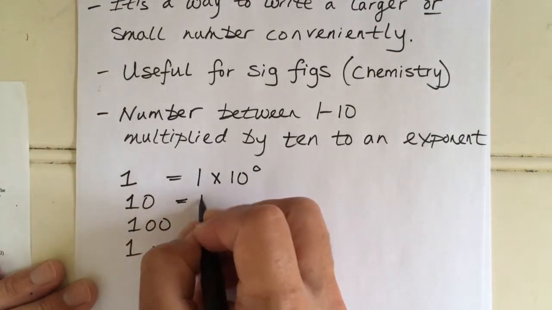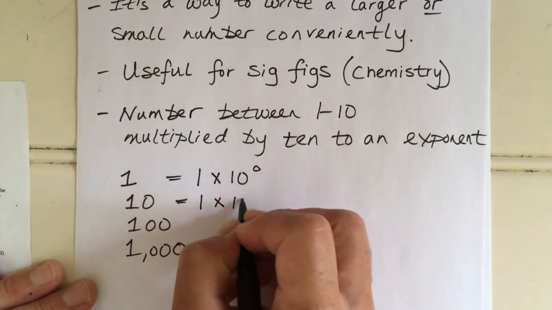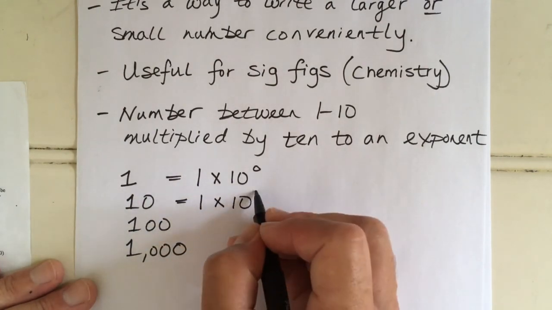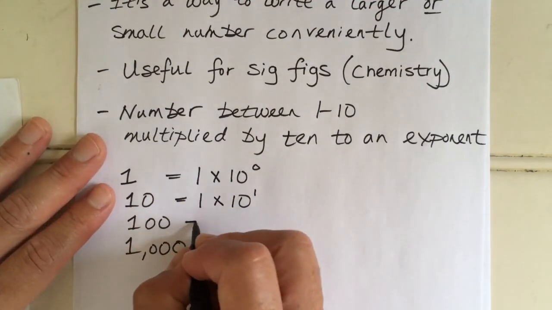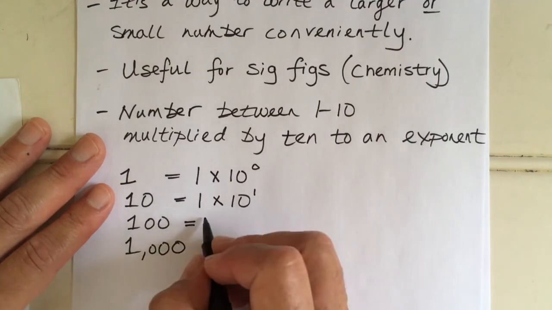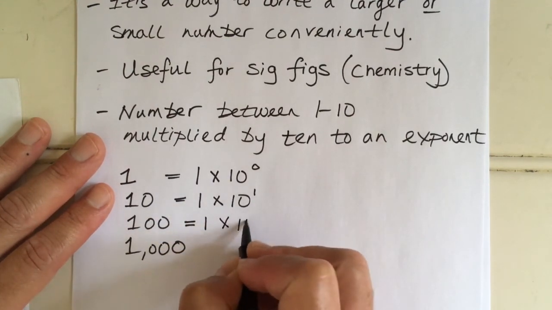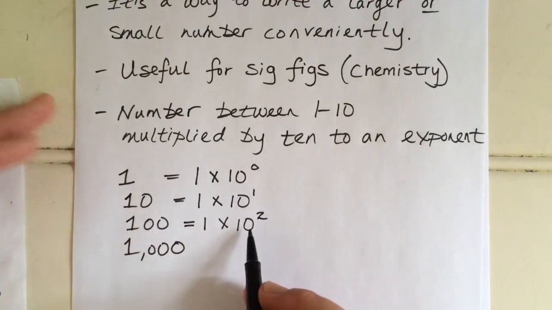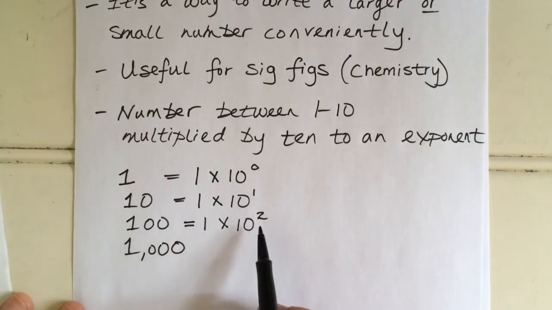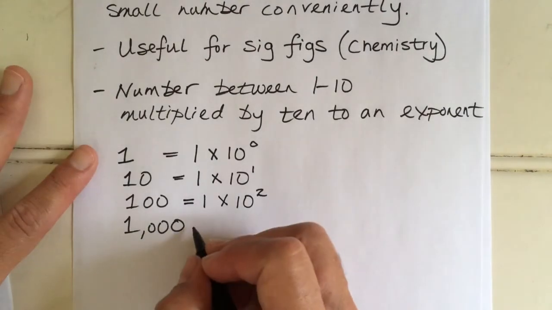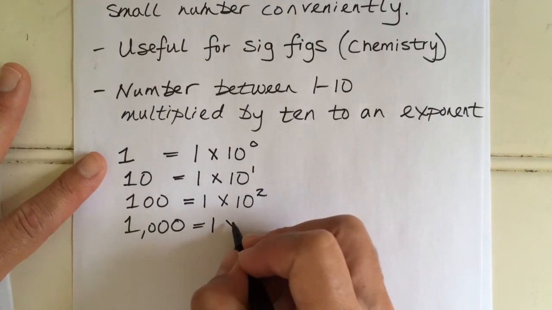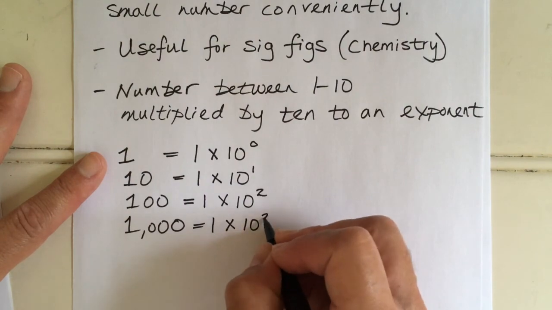For 10, it's going to be 1 times 10, right? But we're going to call that 10 to the first because 10 to the first is just 10. For 100, it's going to be 1 times 10 to the second. So 10 to the second means 10 times 10, so this is 1 times 100, which is equal to 100. And so you get the idea. So here this would just be 1 times 10 to the third power.